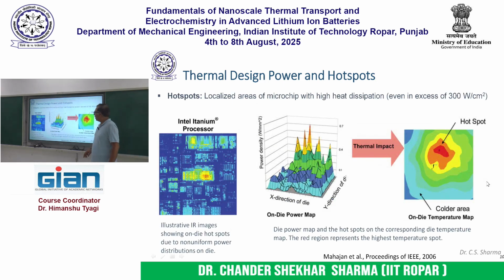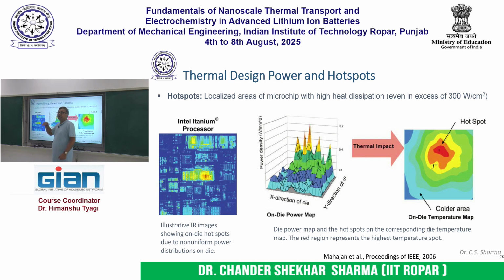In addition to that, we also worry about the non-uniformity of heat dissipation. So if this is a microprocessor, so this is an IR image of a real microprocessor, and you can see that some areas are blue, some are yellow, and there are also some red spots.